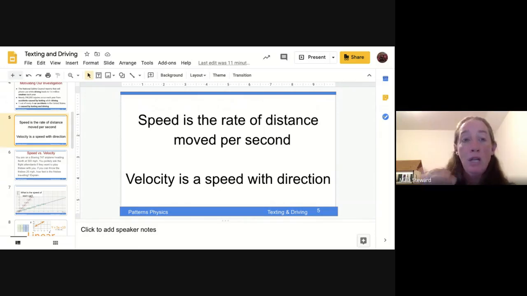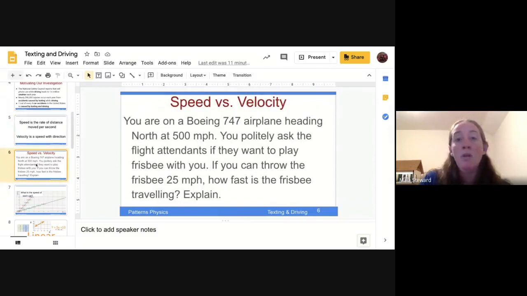So here's an example that gives you the difference between them. So you're in an airplane, it's traveling at 500 miles an hour, and you ask the flight attendant to play frisbee with you. I don't think that's going to fly really, but c'est la vie. So you're traveling at 500 miles an hour, and you're throwing a frisbee at 25 miles an hour.